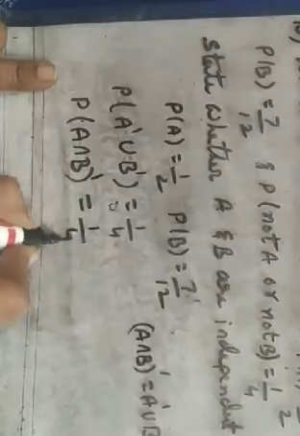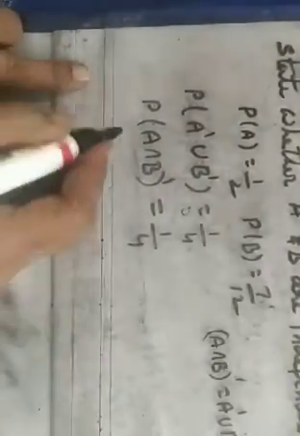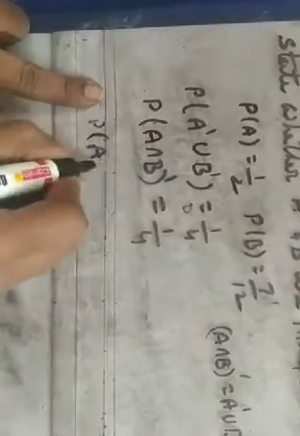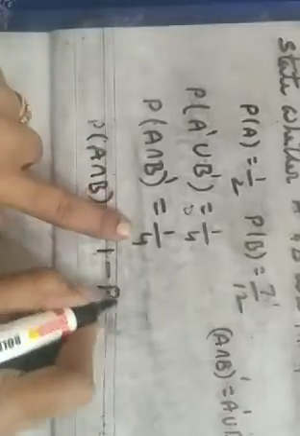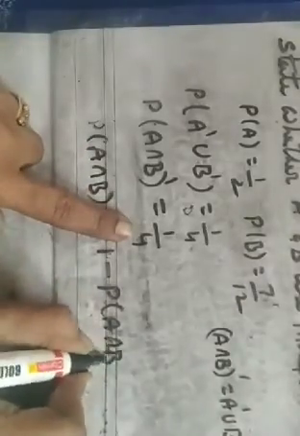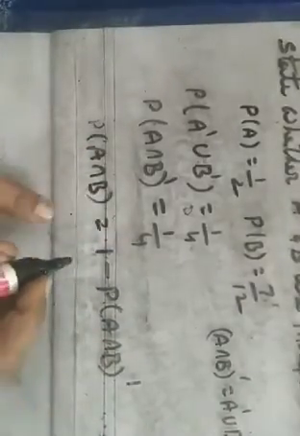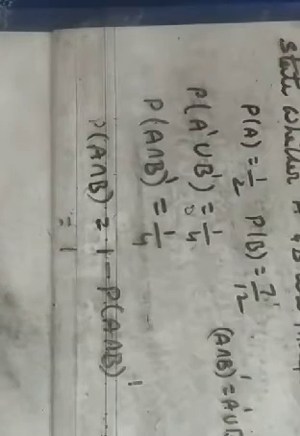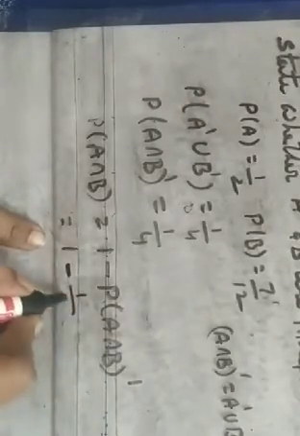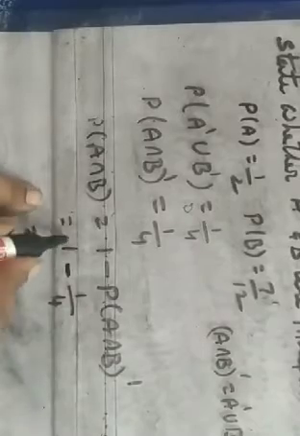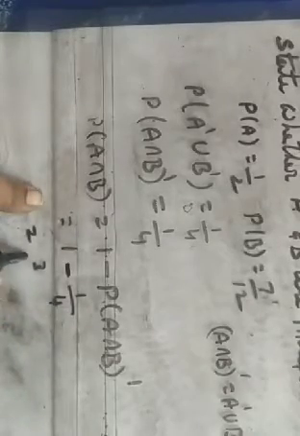It is equal to 1 by 4. Then P of A union B is equal to 1 minus P of A union B complement, which is equal to 1 minus, what is the complement? 1 by 4.